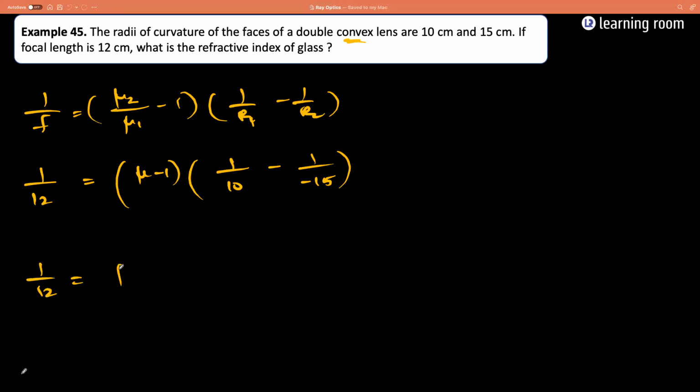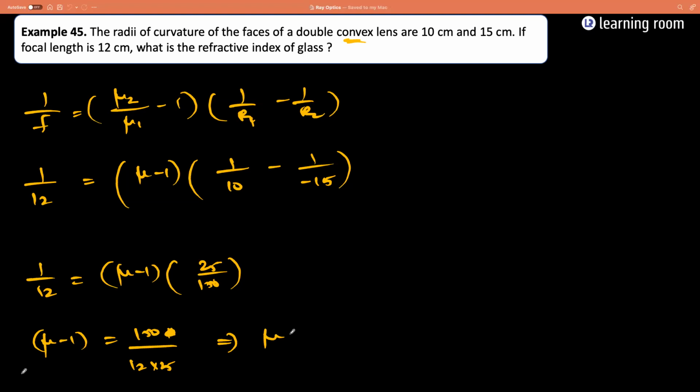So 1 by 12 is equal to mu minus 1 into 25 divided by 150. So mu minus 1 is equal to 150 divided by 12 into 25, which implies mu is equal to 150 divided by 12 into 25, plus 1. This will cancel, 6 times. This will go 2 times.